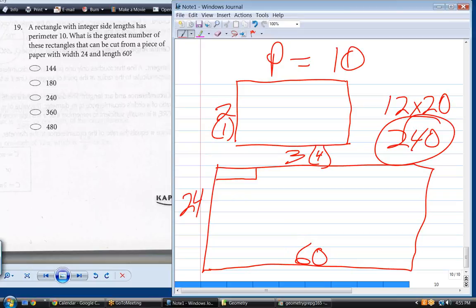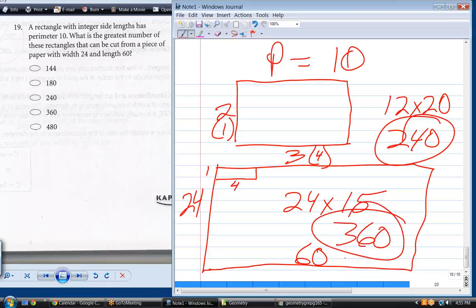How many of those rectangles do we get? 24 and 15. That's more. Yeah. That is 360 rectangles. And the question is, what is the greatest number of these rectangles? 360.